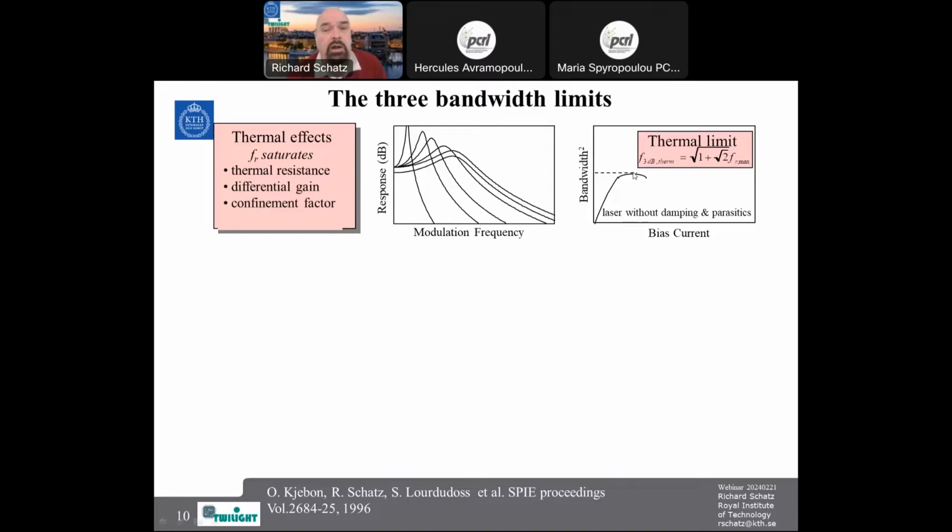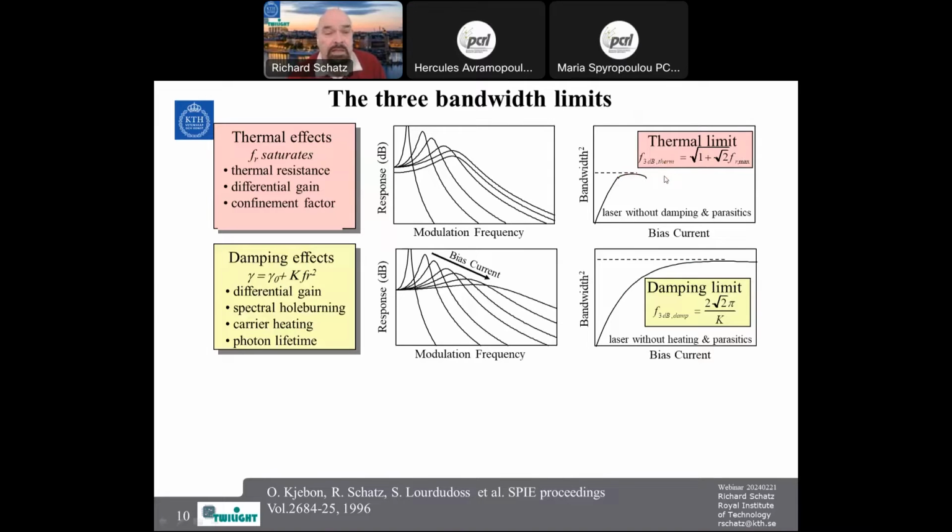If you just know the maximum resonance frequency, you can calculate the 3 dB bandwidth of your laser, if it was only limited by thermal effects. Then instead, if you have perfect cooling of your laser, you can see what the bandwidth would be if you could improve the cooling.